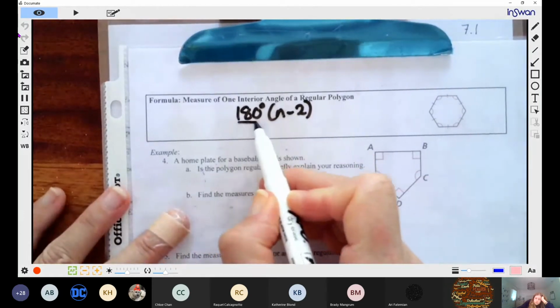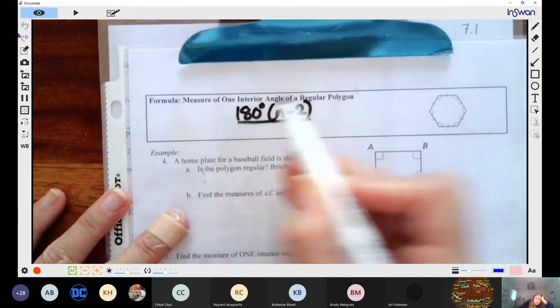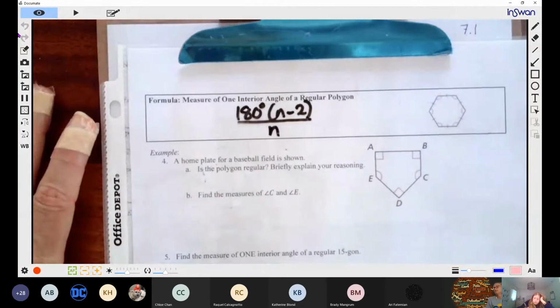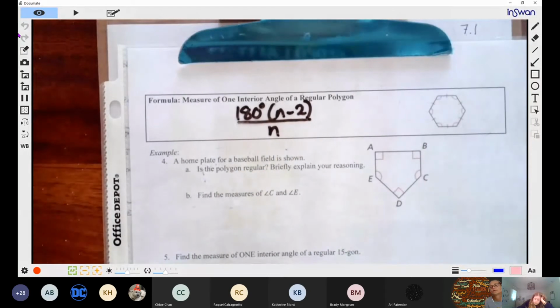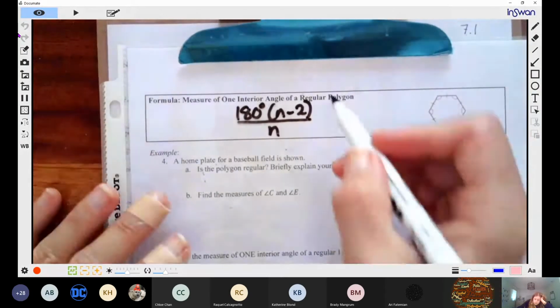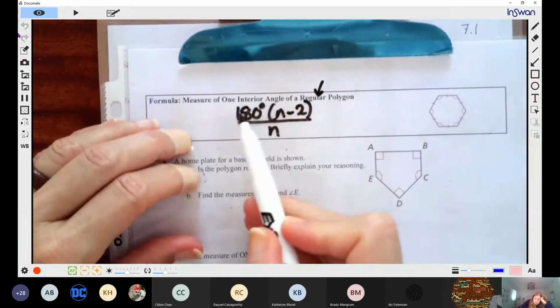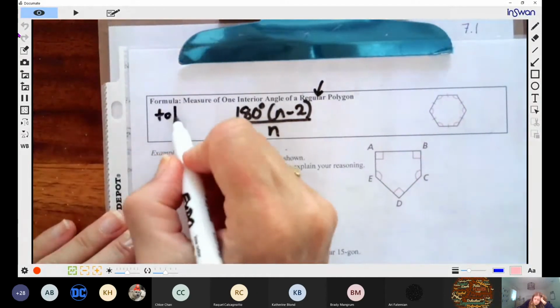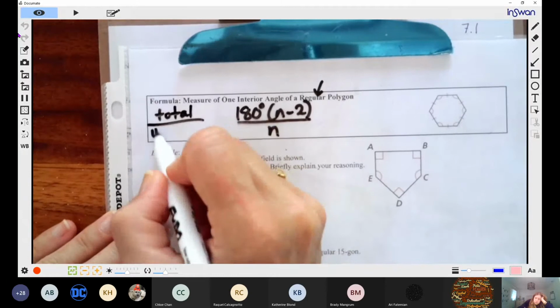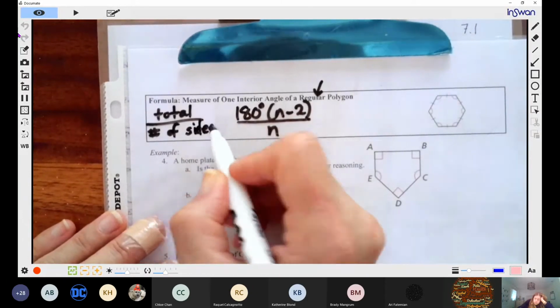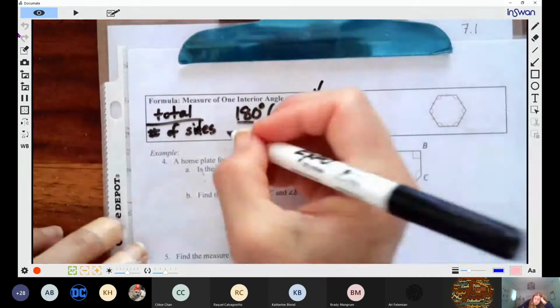Well, so the formula for any regular polygon, just divide it by the number of sides, or hence the number of angles. So this is only if it's regular, but it makes sense. This gives you your total, right? And this is your number of sides, or your number of angles.